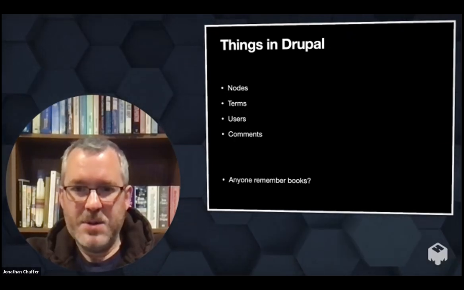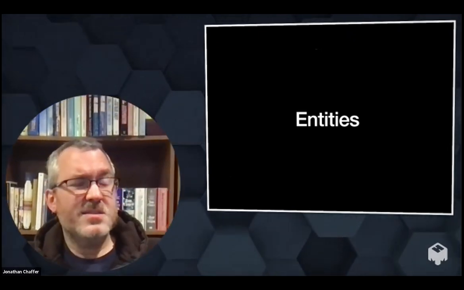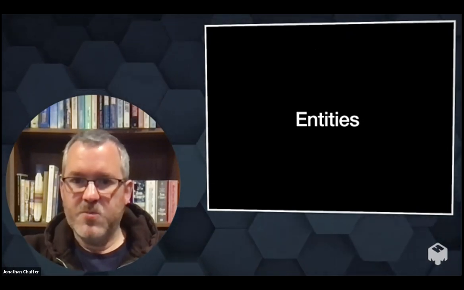So the word that they came up with for that is entities. So in Drupal 6, the idea of an entity was introduced, didn't really have much useful you could do with it until Drupal 7, where most of those things were entities.